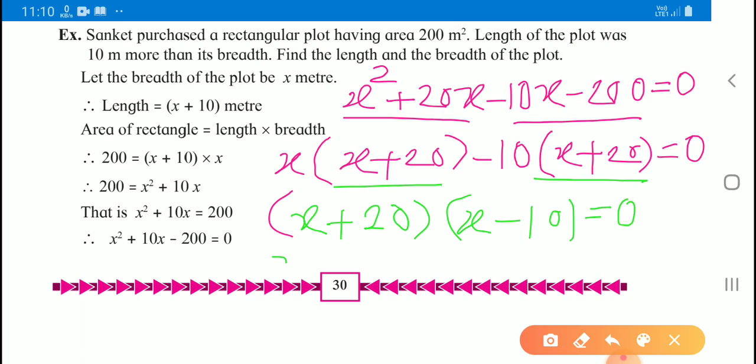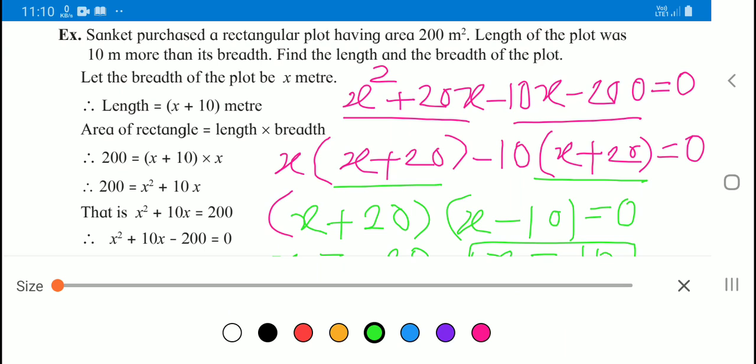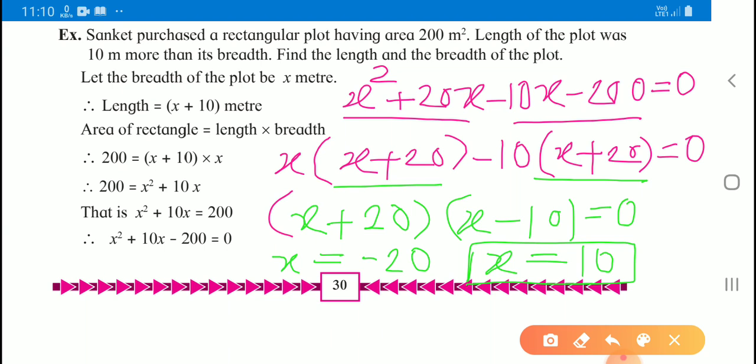Now here x plus 20 is equal to 0. So x will be negative 20. Now a dimension is not negative. That's why the x value is positive 10. Okay. Now look here.